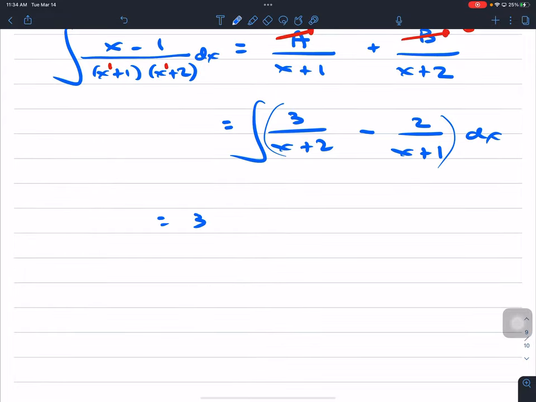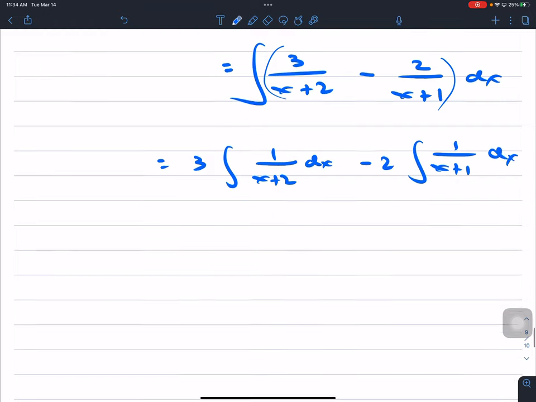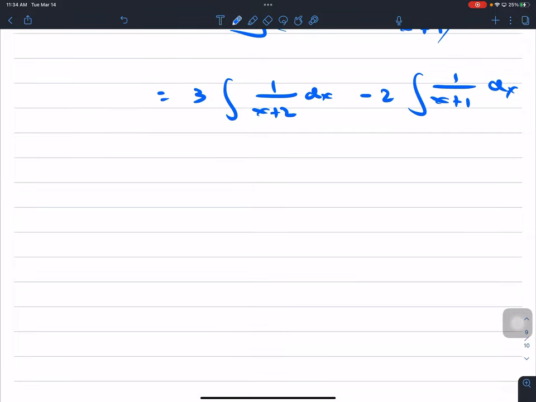Well, take out your constant 3, right? Integral of a sum or a difference is the sum or difference of integrals. Pull out that constant, 1 over x plus 1 dx. I'm saying these are easier to do. Because this is now going to be what? 3 natural log absolute value of x plus 2 minus 2 natural log of absolute value of x plus 1 plus c.